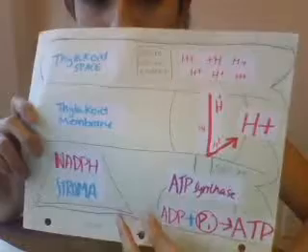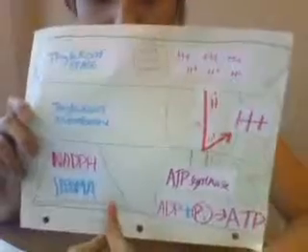Now we're back at that thylakoid space, that thylakoid membrane and that stroma. We're going to keep track of that NADPH here because, like I mentioned, it's going to go into the Calvin cycle. And here are a lot of these hydrogen ions.